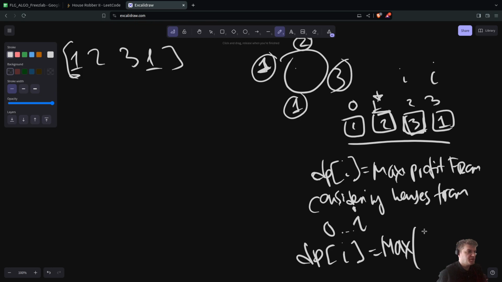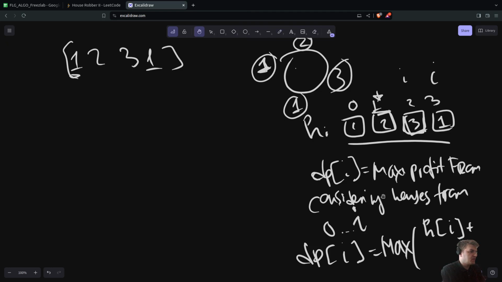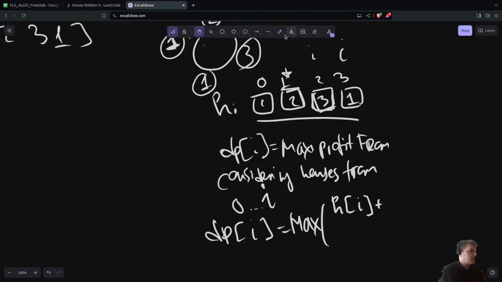The first option is to rob the current house, so whatever payoff at house I, this is H, house I, plus, I cannot consider a previous house because it will call the police in case I robbed the current house.